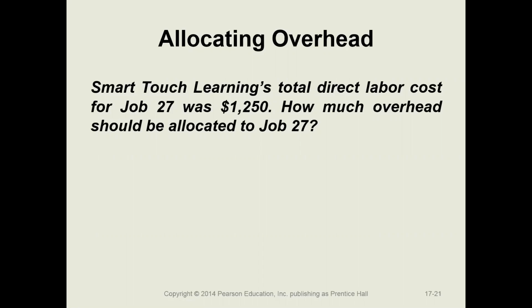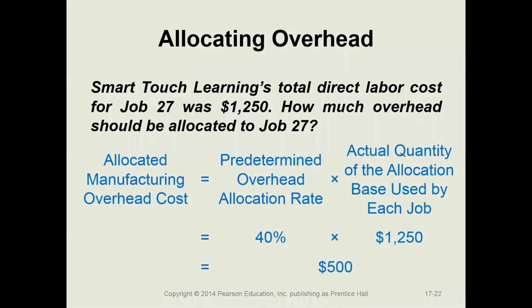So how much overhead should be charged or allocated to job 27? Well, we saw in a previous slide that the predetermined overhead allocation rate we computed was 40%. Job 27 used $1,250 worth of labor.